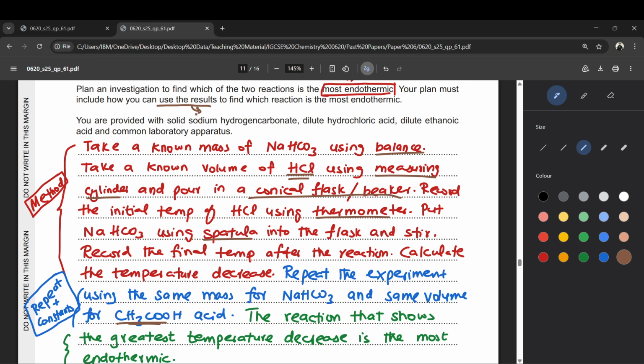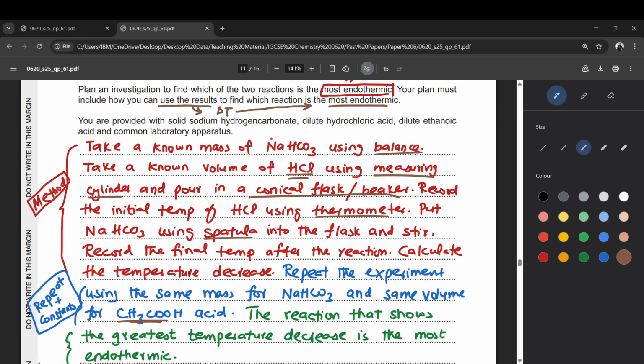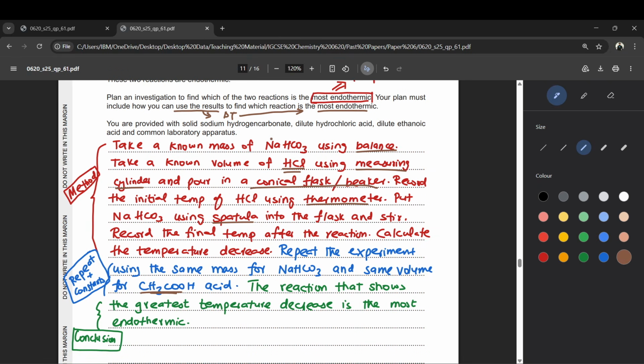And based on that, I calculated the change in temperature, and that is how I have connected that to the most endothermic reaction. Okay. Now there are a lot of questions in your past papers that follow the same pattern. Whenever you are required to repeat the experiment, it follows the same structure.